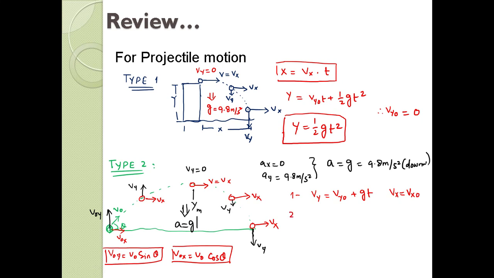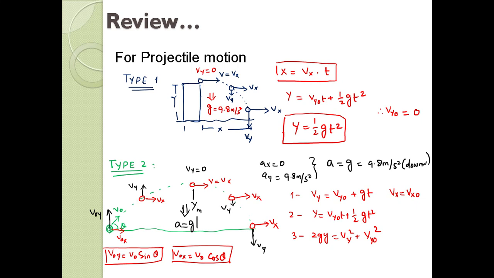The second equation for the vertical height we can use is y is equal to Vy naught t plus half gt square, and the third equation for the vertical height we can also use is 2gy is equal to Vy square minus Vy naught square. Don't get confused, V naught y and Vy naught are the same, that is the initial one.